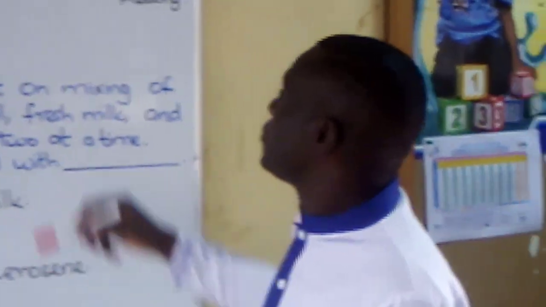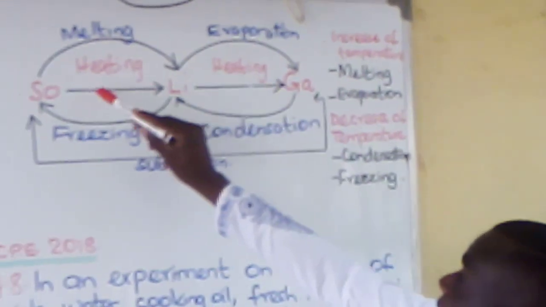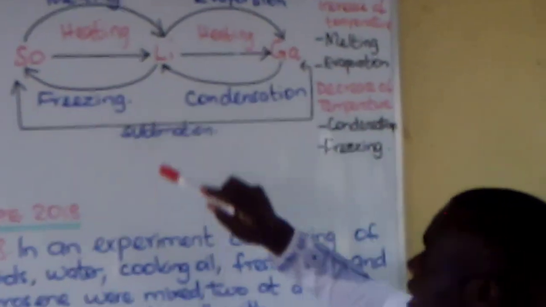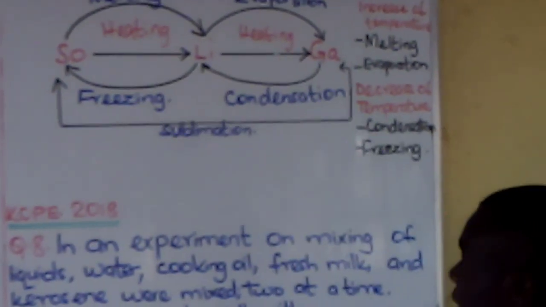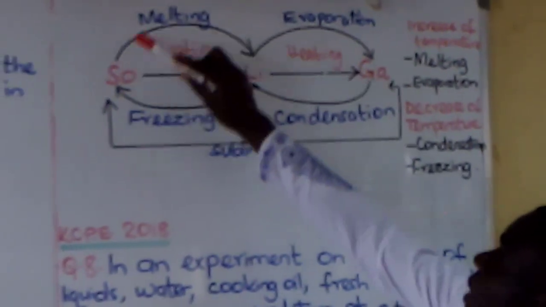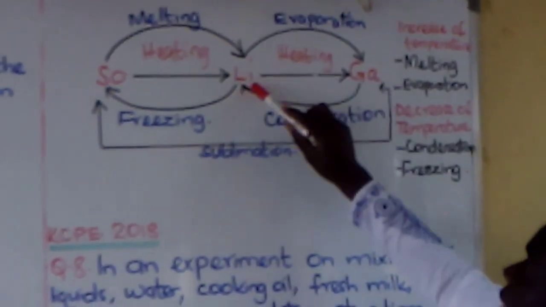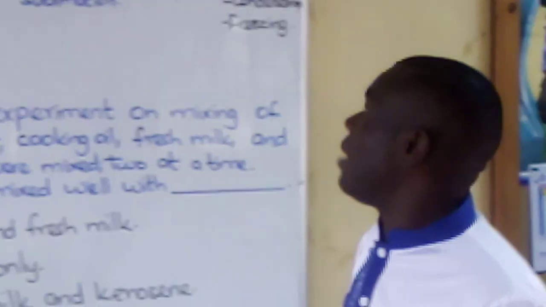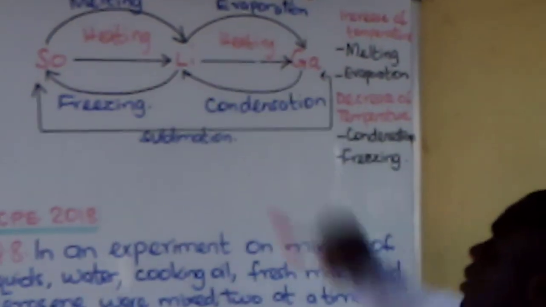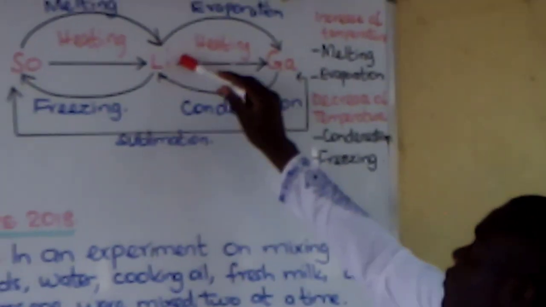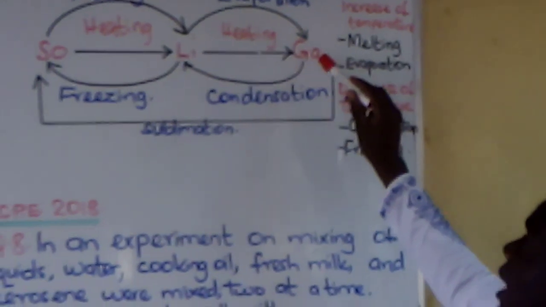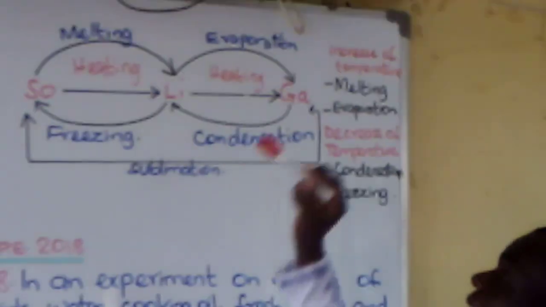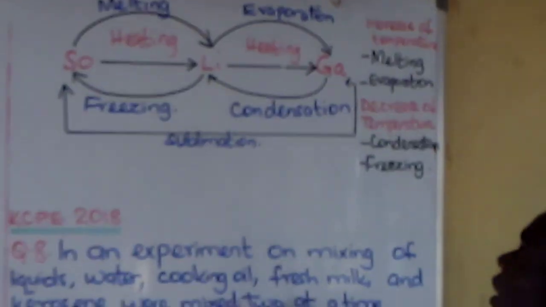So there is the applying of heat on the solid, and the solid now melts and becomes a liquid. The applying of heat on the liquid, and the liquid evaporates and it becomes a gas. So the solid has changed its state, the liquid has changed its state.